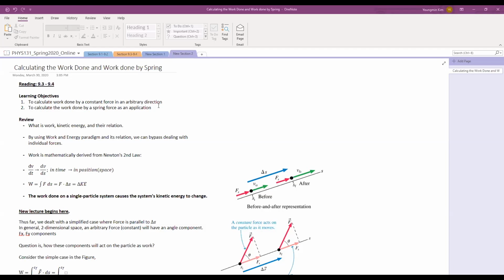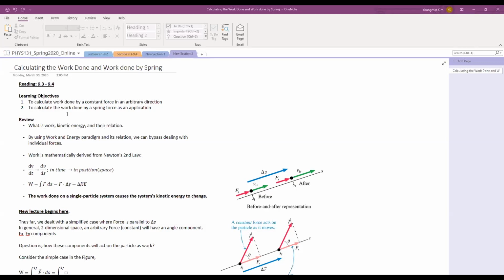And by using the work and energy paradigm, I mentioned that we can bypass dealing with individual forces. Now, up until today, we will still be working with the forces and work and energy together. But later on, we will deal with situations and examples where forces are entirely not considered, and we just work with the work and energy paradigm.